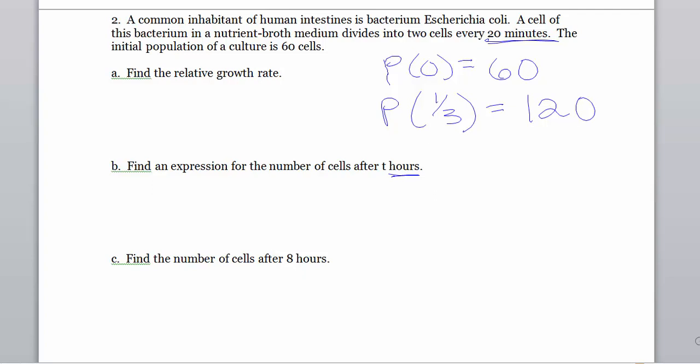So now I would set up, I'd say 120 is going to equal 60 times e to the k times 1/3. Exactly like the last problem to get my k. Divide both sides by 60. Okay, so I'd have e to the k times 1/3 equals 2. Take natural log of both sides and multiply by 3.